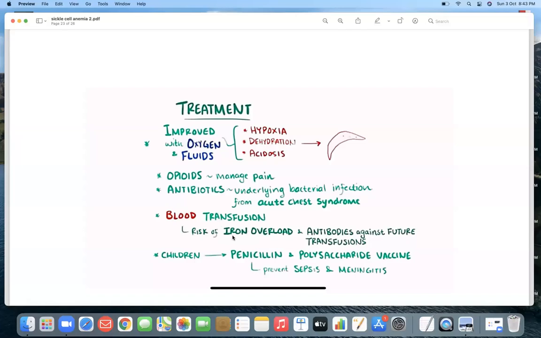Then blood transfusion. When do we consider blood transfusion in these patients?